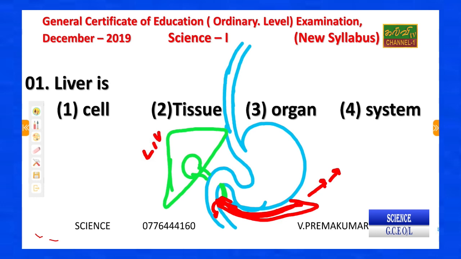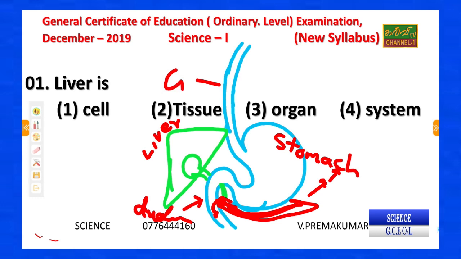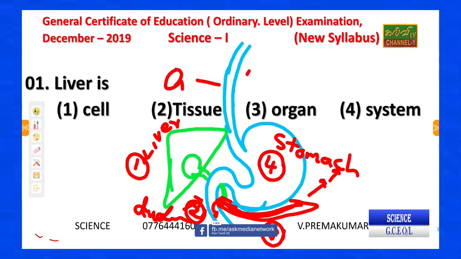When you consider the liver and stomach, duodenum and esophagus, those are organs. So the liver is an organ, the duodenum is an organ, the pancreas is an organ, the stomach is an organ, the esophagus is an organ.